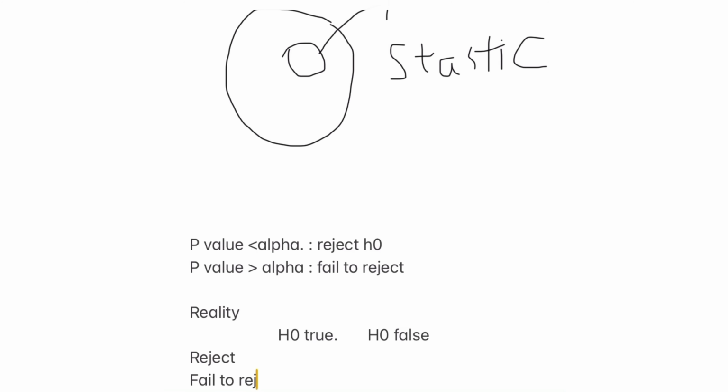In a scenario where the null hypothesis is true, but we reject, that is an error, which we call type 1 error or false positive.